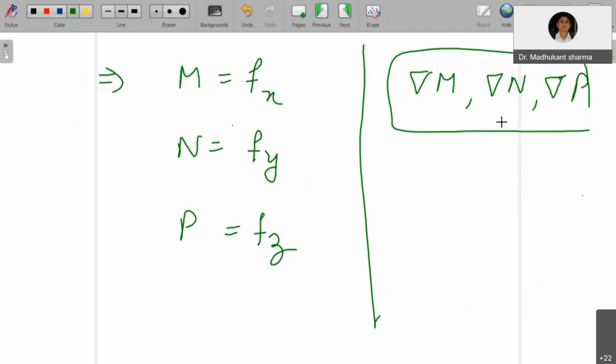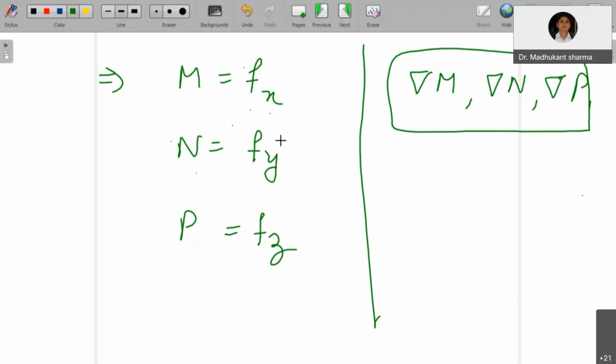If you recall, the mixed derivative theorem tells you that f_xy is the same as f_yx whenever the first order and second order partial derivatives are continuous. Now dou M by dou y is nothing but dou square f by dou y dou x.